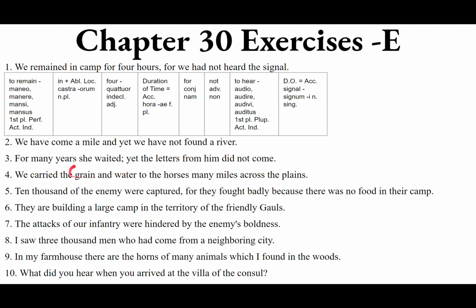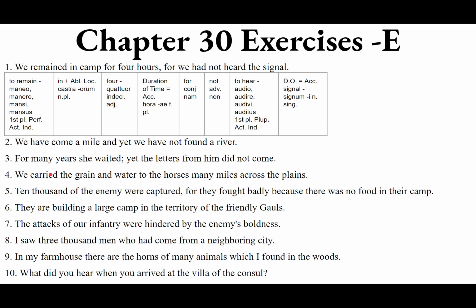We carried the direct object, grain, and joined by a conjunction et, we also have water. You could also use que. If you want to use que for the conjunction and, make sure it is attached to the second thing. So it would be grain, water-que. Or you could just say grain et water. Both grain and water will be the accusative direct object of the verb carried.